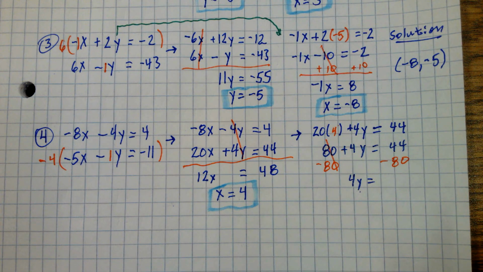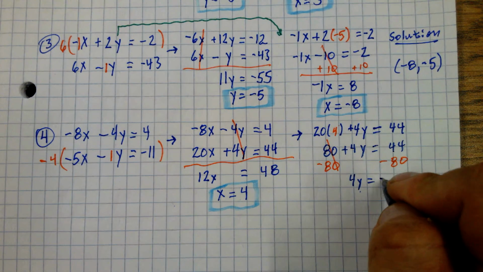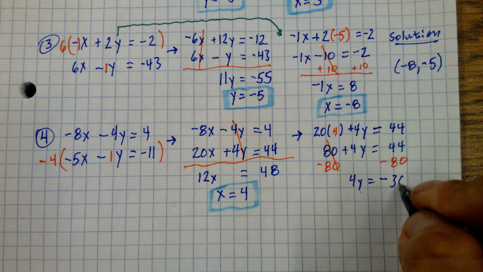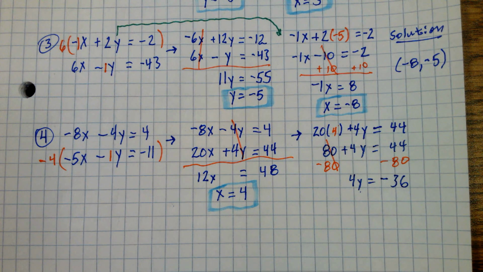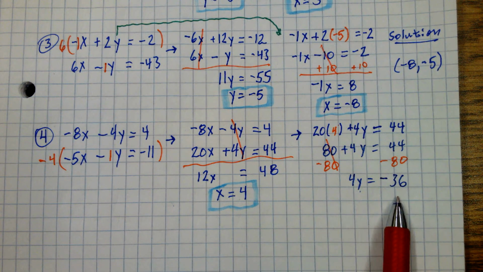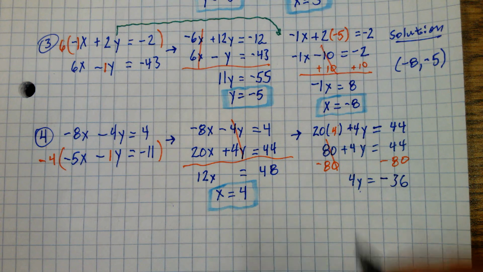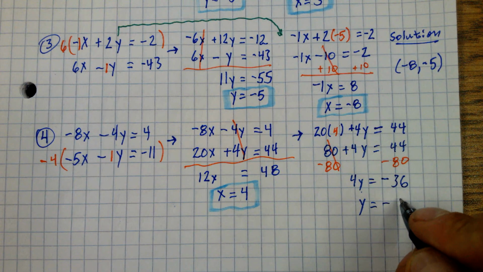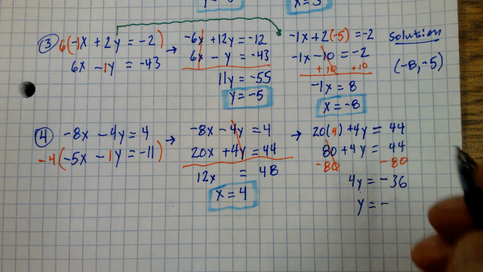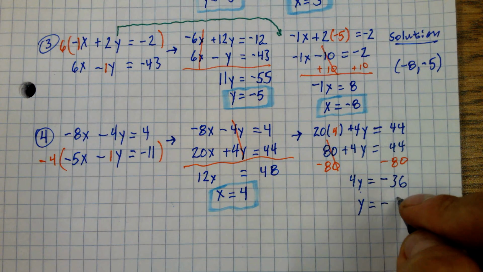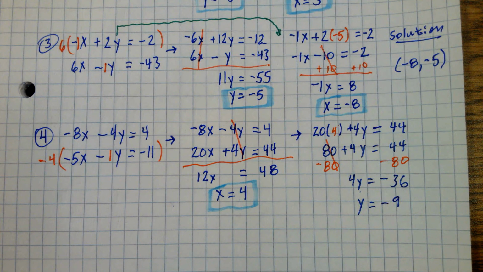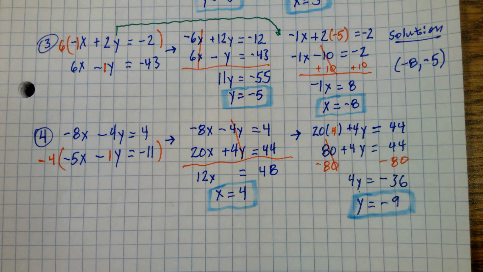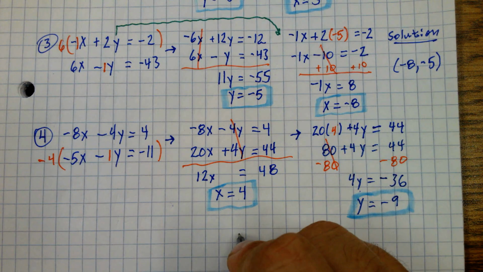What's 44 plus negative 80? So 4 times something equals negative 36. What's y going to be? Negative 9. Okay. So that means our solution here is 4, negative 9.